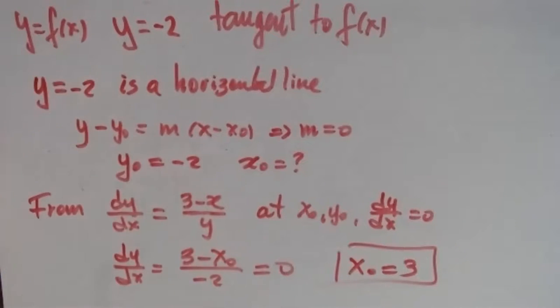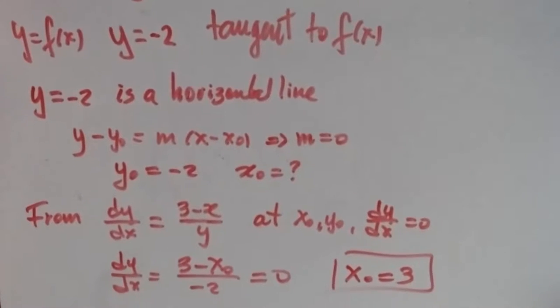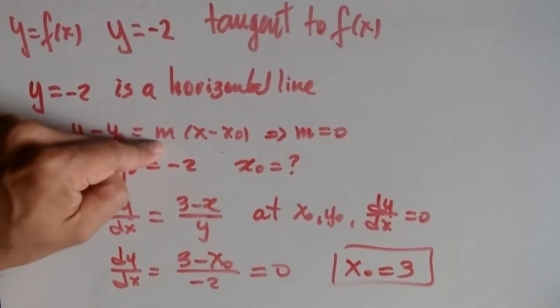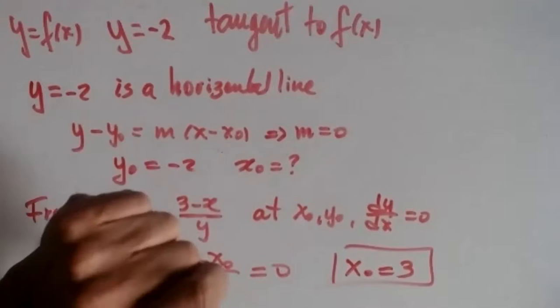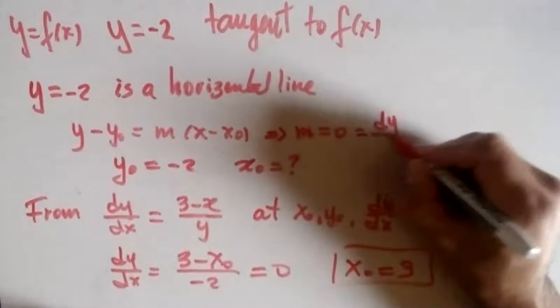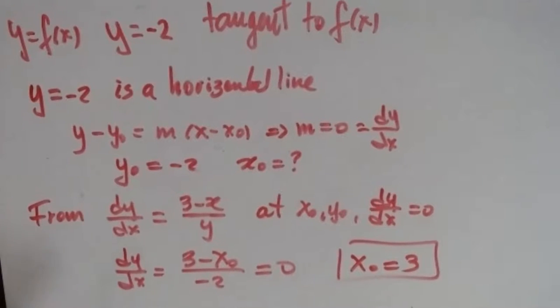Everybody catch the idea? You see, no calculus here, just algebra, and the reasoning that the equation of a line has a slope, and if this is a horizontal line, the slope is 0, so dy/dx equals 0. Why is x 3? What is the solution of this equation?